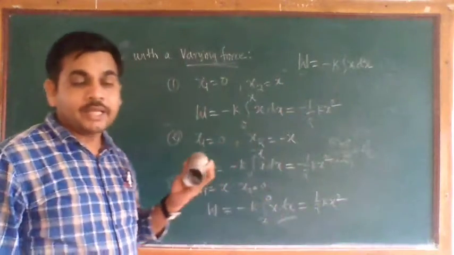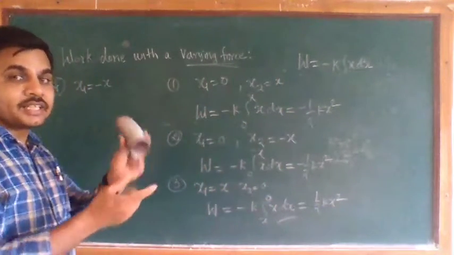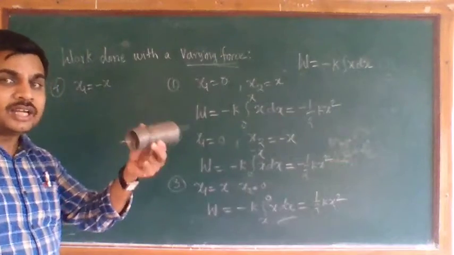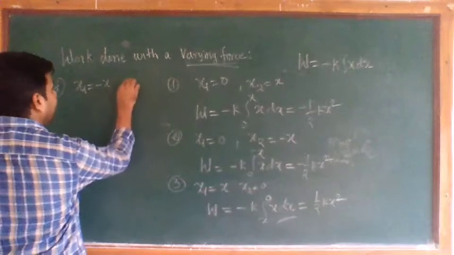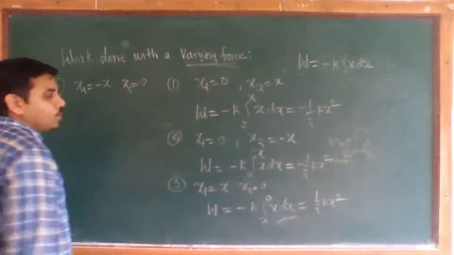And finally, in the final stage, it is again at the original or natural condition, so x2 is equal to 0.